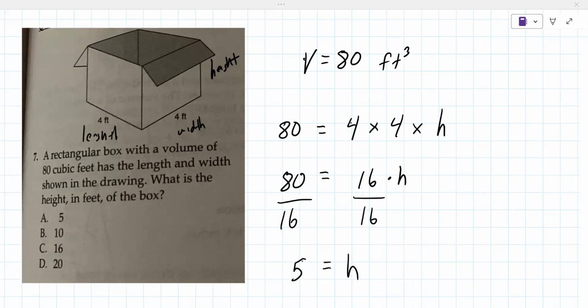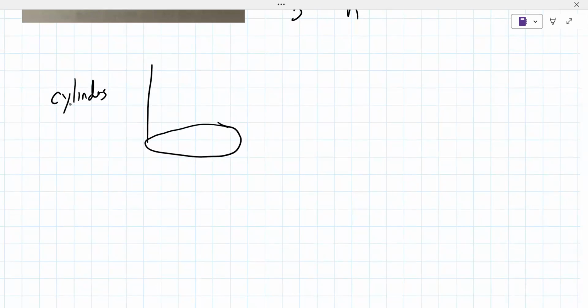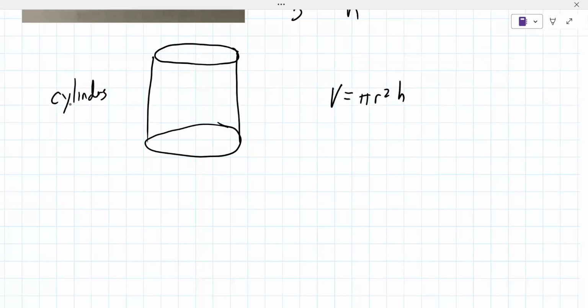The next ones that we're going to see are what are called cylinders. So cylinders are the cans. They've got a circular base and then a height. Okay, so it's a different formula. The volume of a cylinder is pi r squared h.